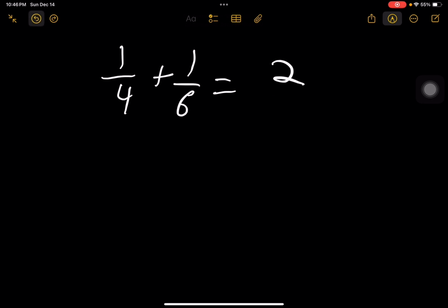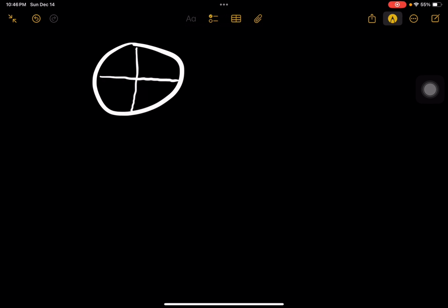Say we have a whole pie here, and within this pie, we have a quarter here, a quarter of this pie.